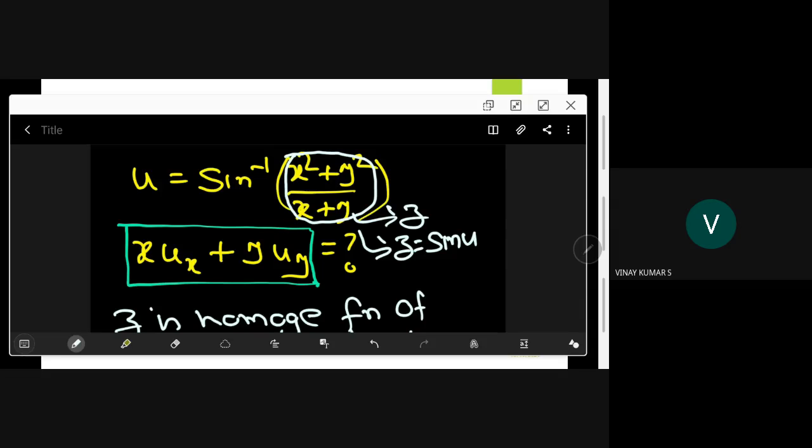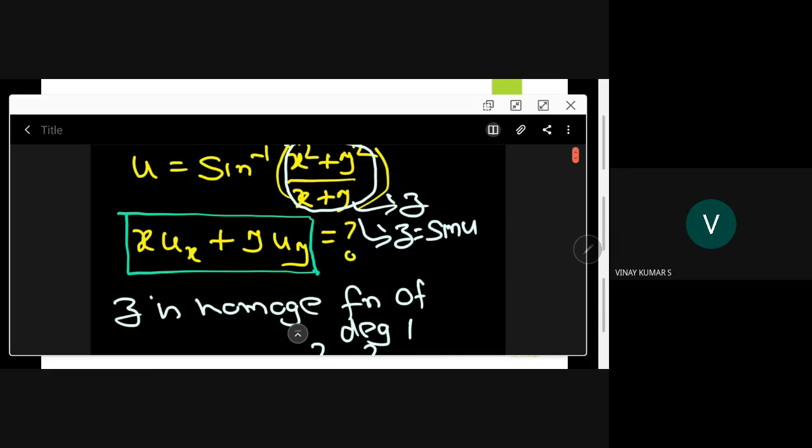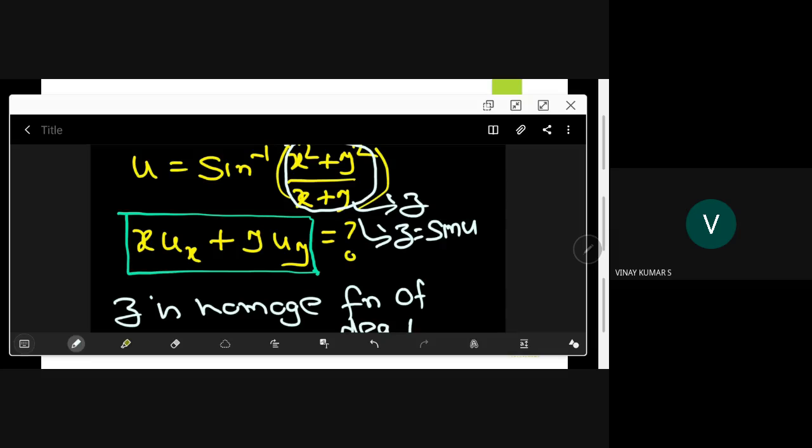If you write this as z is equal to sine u, clearly z is a homogeneous function of x and y. We know that thing.